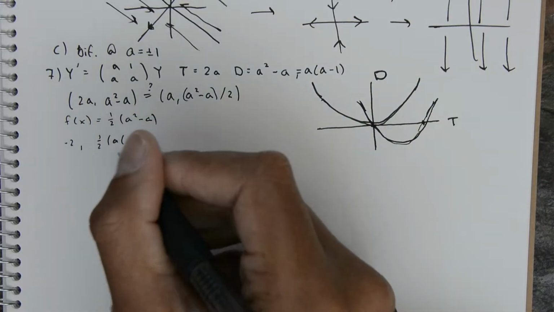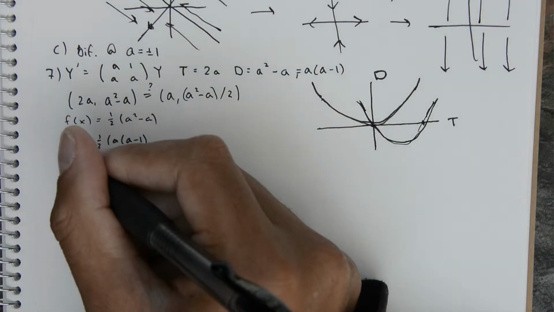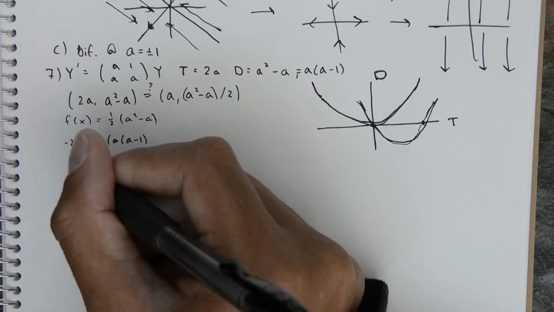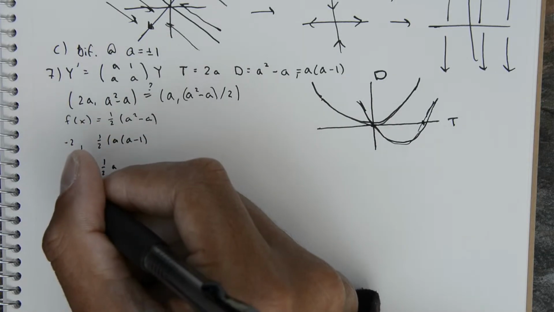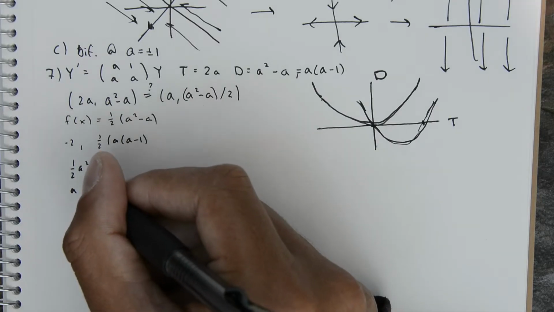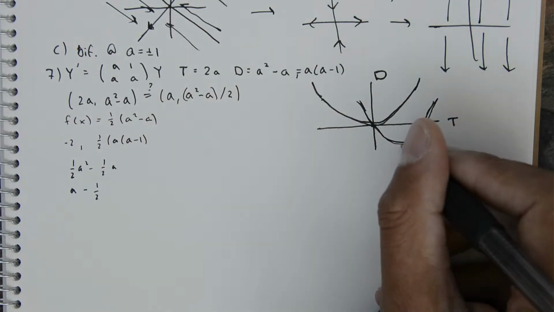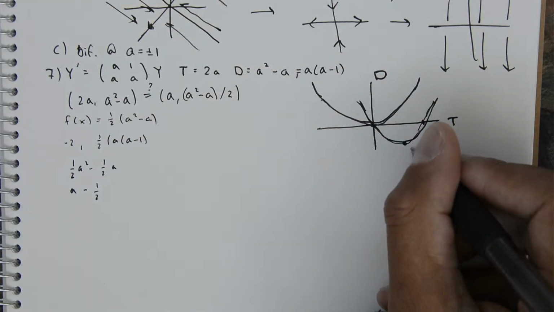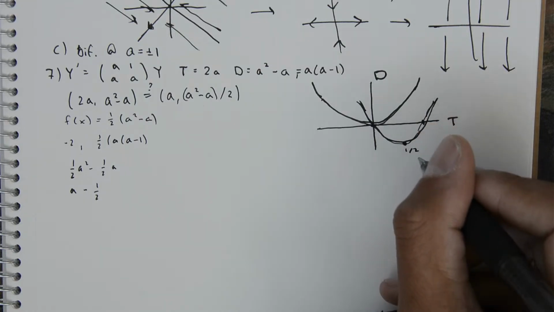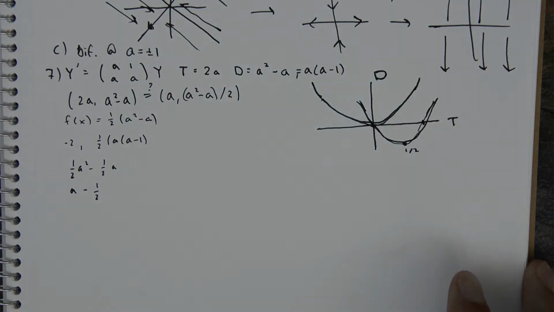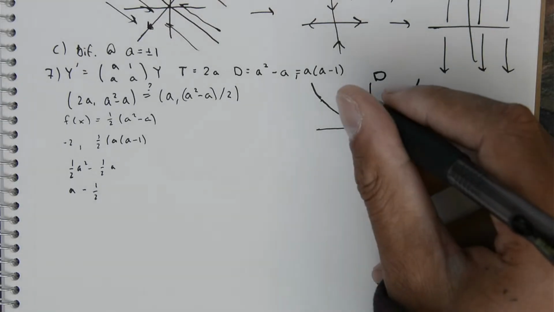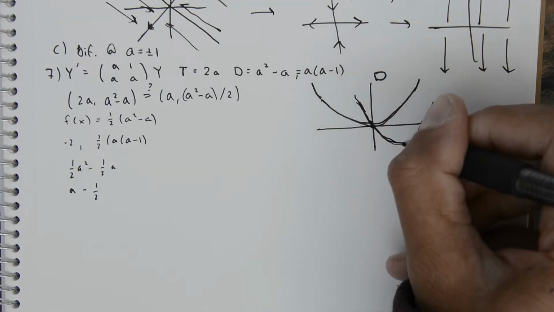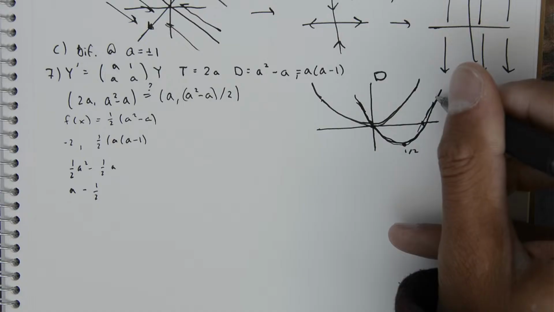And its minimum value, if we did 1/2 a squared minus 1/2 a, we took the derivative, we would get a minus 1/2. So a at 1/2 is a minimum. So this is going to be the graph of a in the trace determinant plane. So this is the curve.